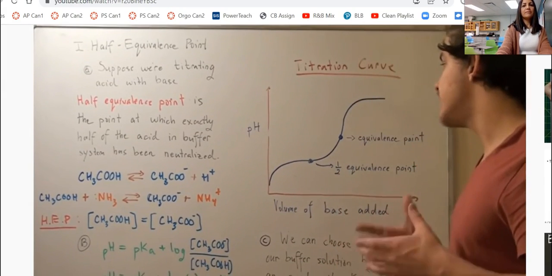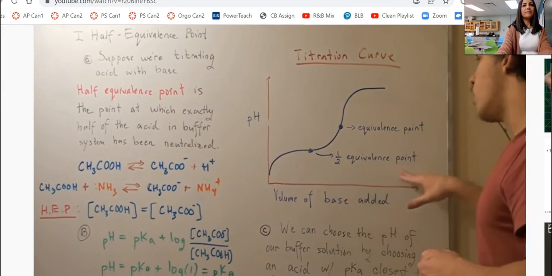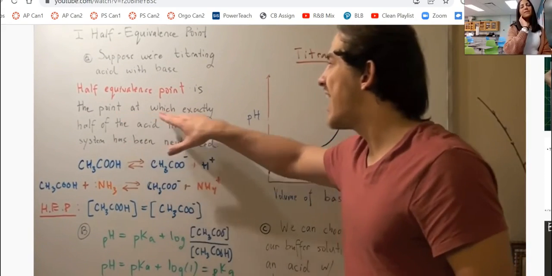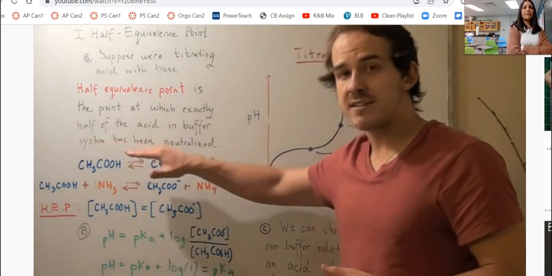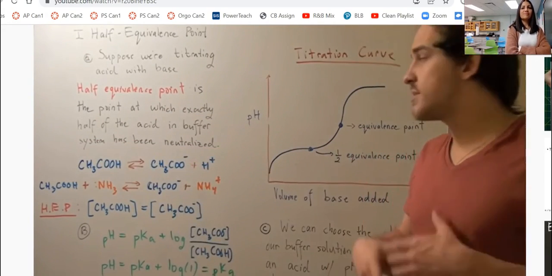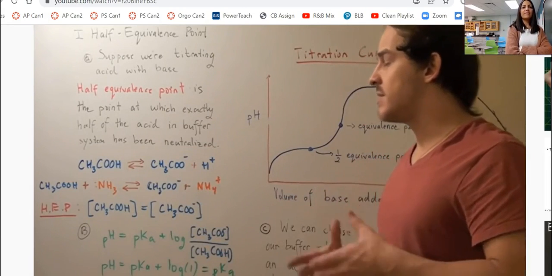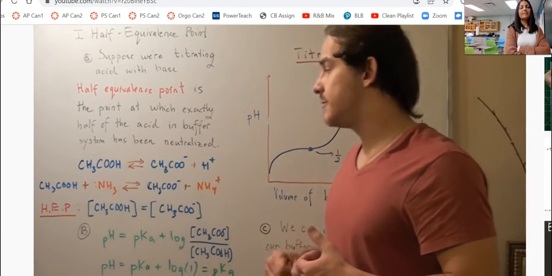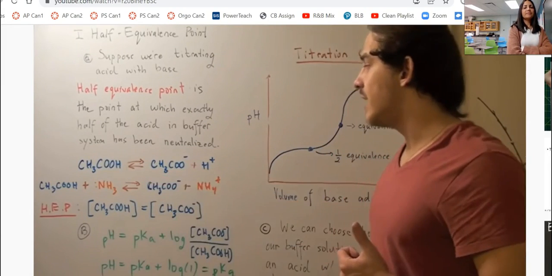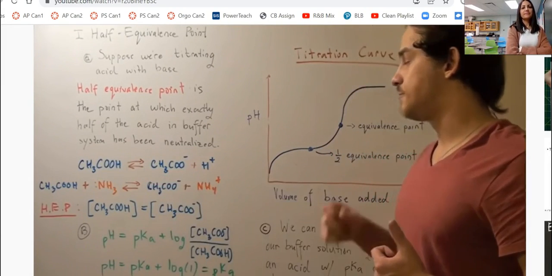Now we can also define something called the half equivalence point. And the half equivalence point is the point at which exactly half of the acid in our buffer system has been neutralized. Now suppose we choose our buffer system to consist of acetic acid. Now acetic acid dissociates into acetate ion and an H plus ion.